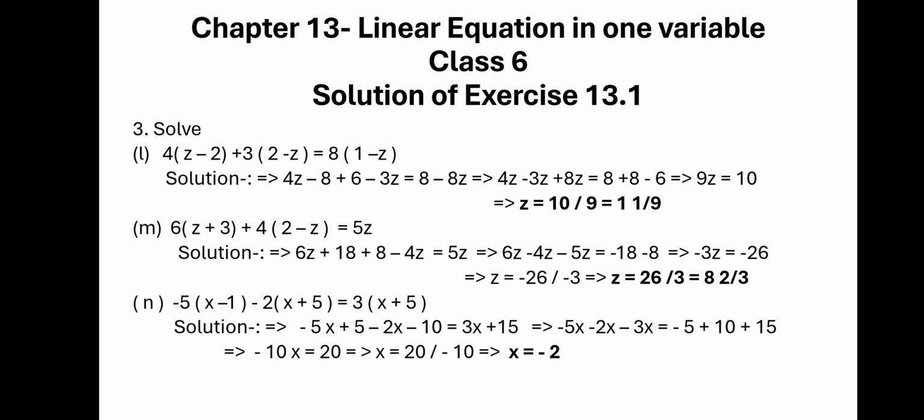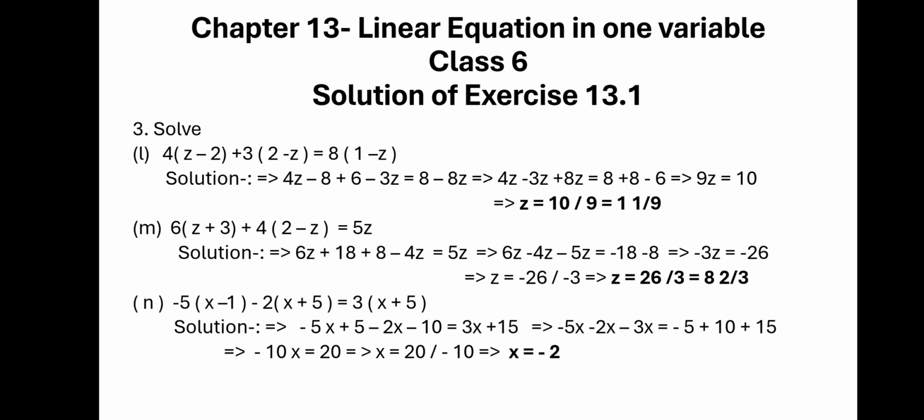So 4z minus 3z is positive z, and positive z plus 8z is 9z. Positive z means 1z. So 9z is equal to 8 plus 8, 16 minus 6 is 10. And that implies z is equal to 10 upon 9, which is 1 and 1 upon 9 in its mixed fraction.